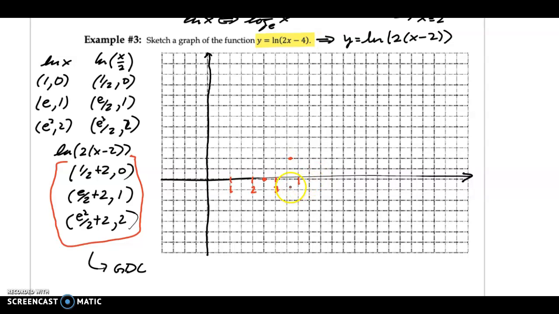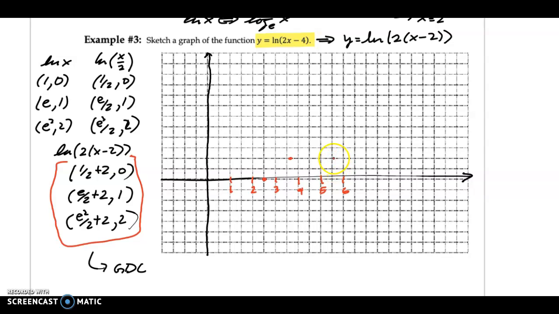And then the next one is e squared divided by 2 plus 2, which is about 5.7. So it's somewhere around here, and you're going to be up at 2.